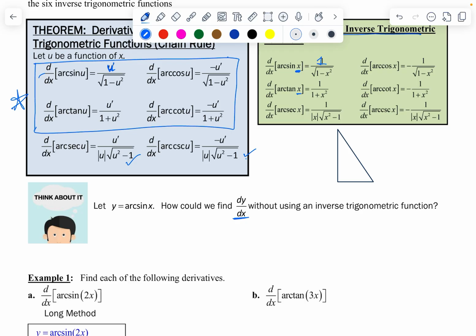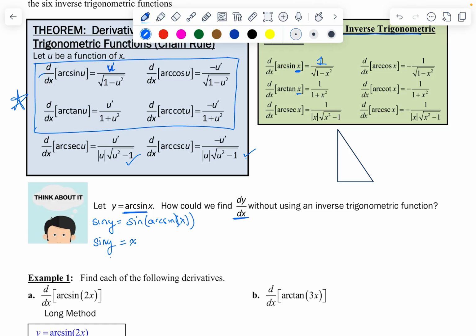But before we do that, one way that we can rewrite this so that it's not in terms of inverse trig is that we can take the sine of both sides. And if you guys remember, the sine of arc sine of x is just going to be x. So sine of y is equal to x.